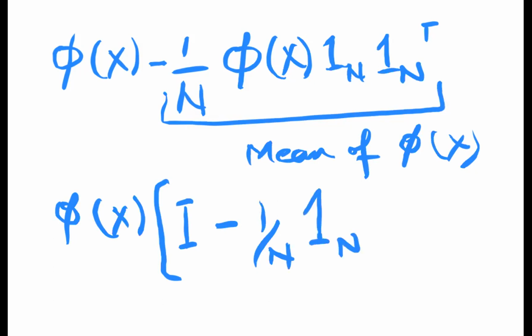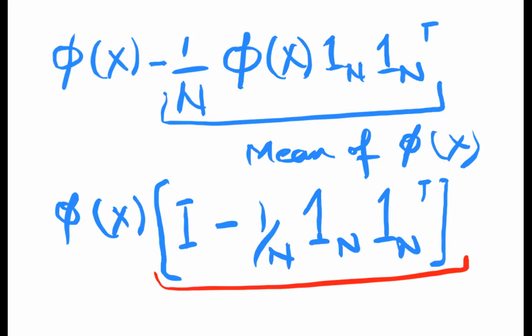I hope you follow the notation from the lecture. This whole bracket we call the H matrix. If we want to center phi of x, we just multiply it with H, then we get a centered phi of x.